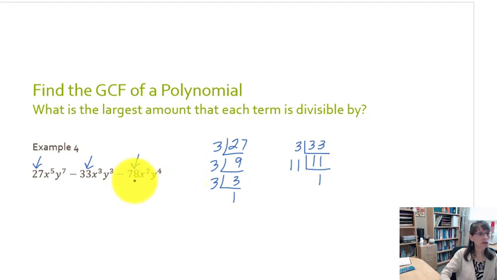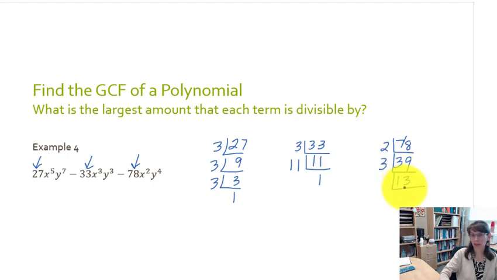Our last coefficient is 78, and that is an even number, so I'll start with division of 2. 2 goes into 7 3 times, leaving 1. 2 goes into 18 9 times. Now 39 is not even, so that looks like I can divide by 3. 3 goes into 3 once, 3 goes into 9 3 times.